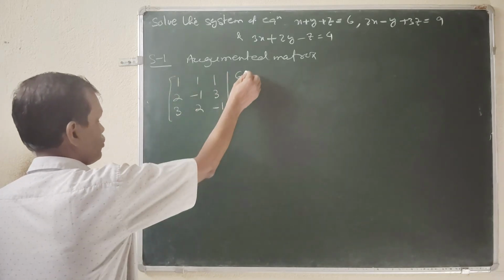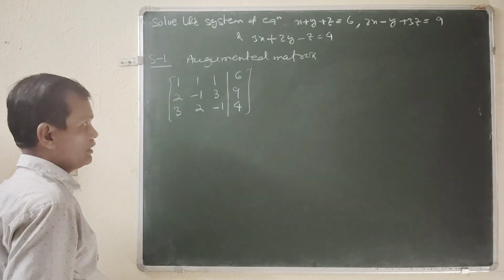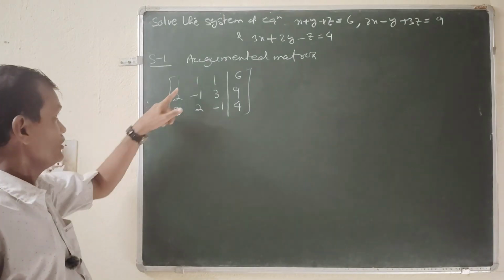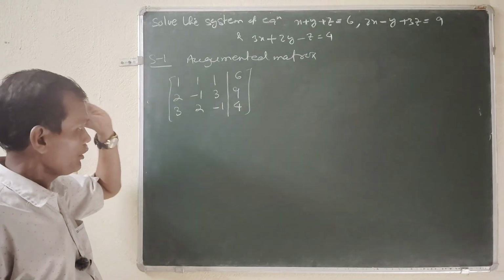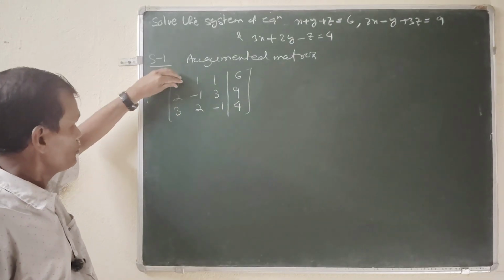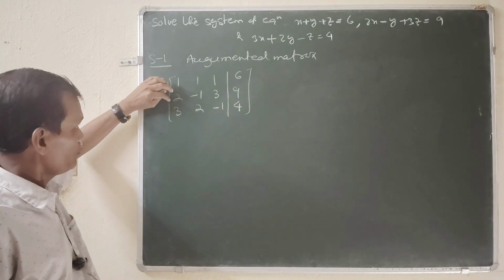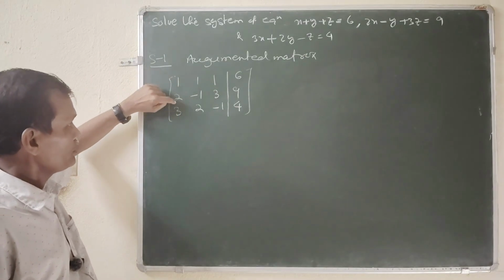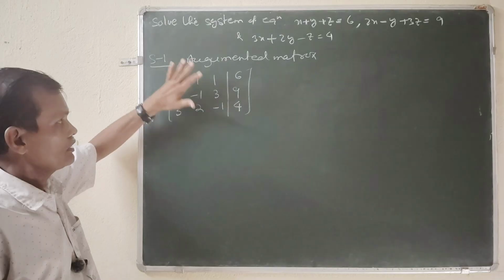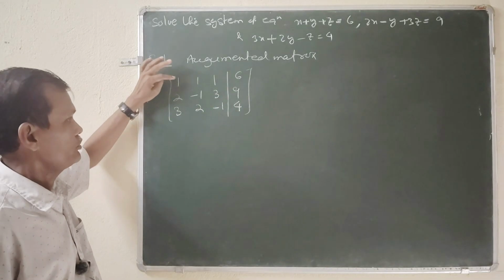This is the augmented matrix. In this augmented matrix we observe whether A11 is 0 or not. This is not 0, so no problem. If in a problem this is 0, we will find another row where the first element is not 0 and exchange this row with it. But for this problem that is not the case because this is non-zero.